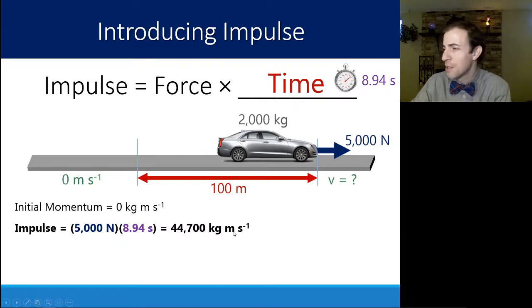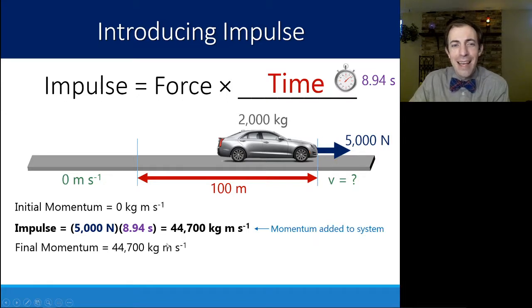Don't worry too much about the unit just yet, but my impulse is found by multiplying the force and the time. This impulse adds momentum to the system. So my momentum was initially 0. Impulse is added, 44,700, and that gives me a final momentum of 44,700 kilogram meters per second.